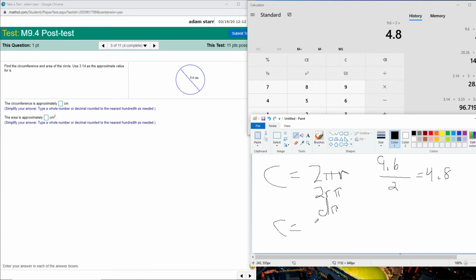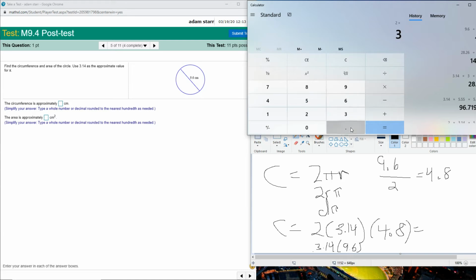So my circumference will be 2 times 3.14 times my radius. Or I could have done 3.14 times my diameter, which was the 9.6. Either way, these two things would get you the same answer.